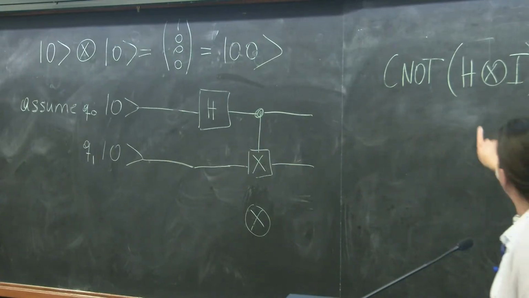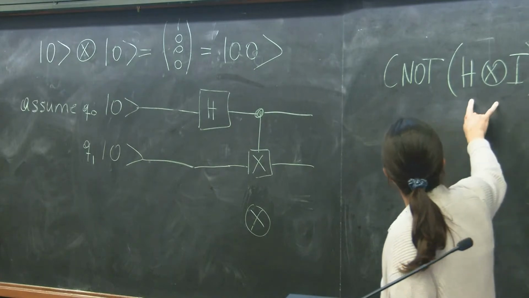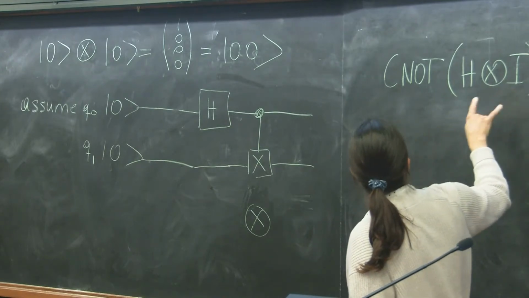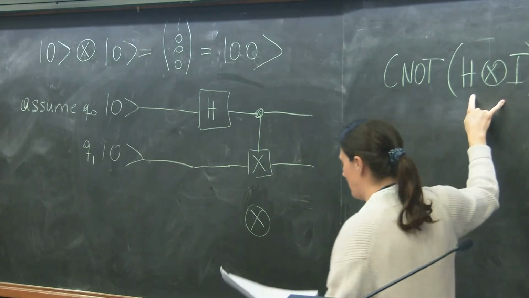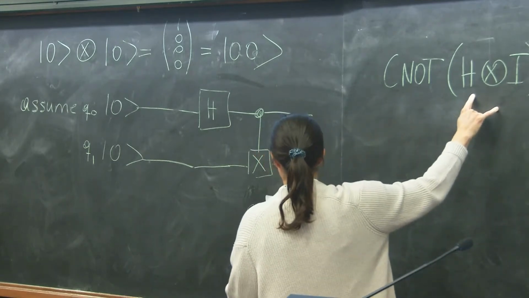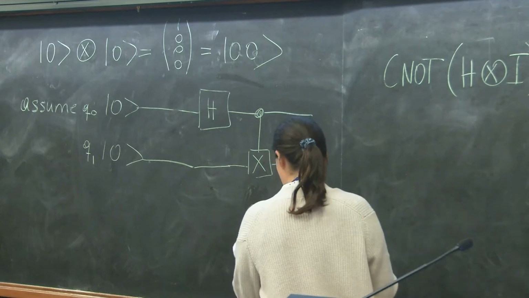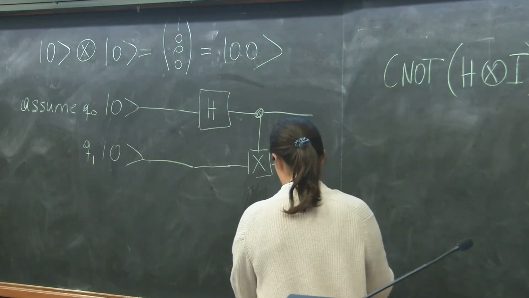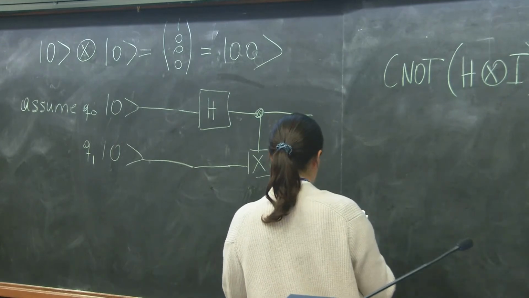Okay? So what it does here, the Hadamard with the identity matrix, this gives you a 4x4 matrix. So if you want to write this all out, it looks like this. So make sure that I got that right. Yeah, so let's do it step by step for those who haven't seen this.